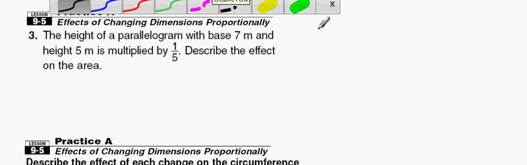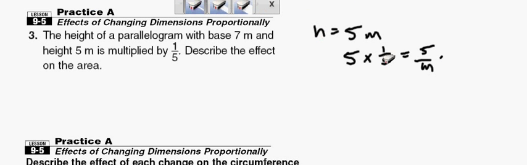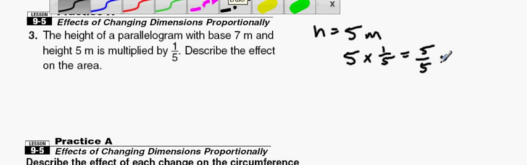Because if the height equals 5 meters and I multiply that by 1/5, I get 5 over 5, which is equal to 1 meter. So the effect on the area will be to decrease the area by 1/5 as well.